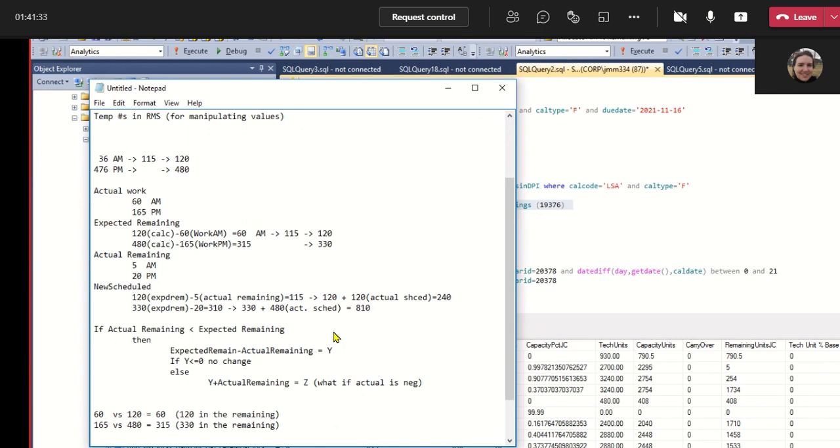And then okay, so we would need to make it, to your point, we need to figure out, because I'm taking this one here. The actual remaining 5 is less than the expected remaining, which is 120. I would take 120 minus the 5. I'd get 115. Yeah, this doesn't make sense.